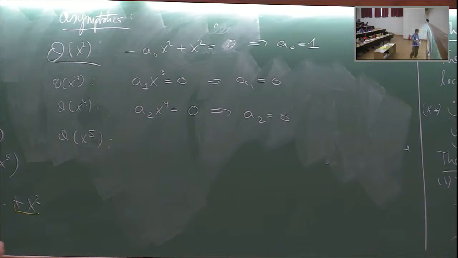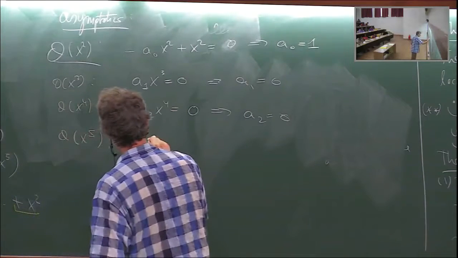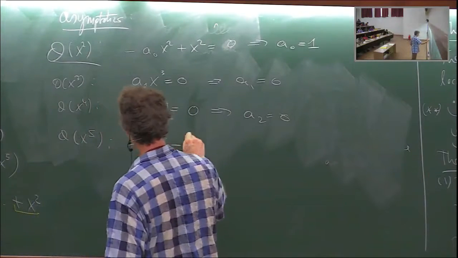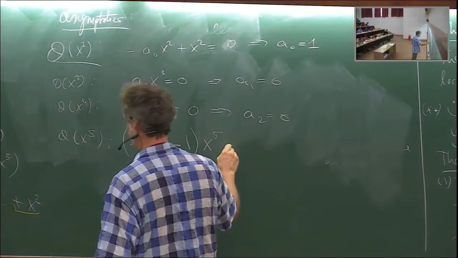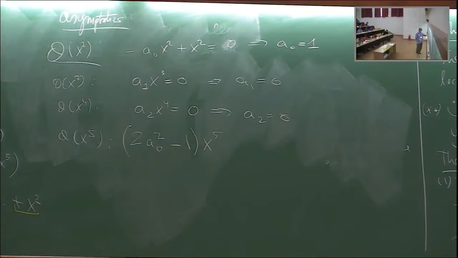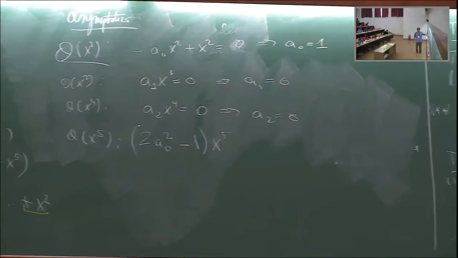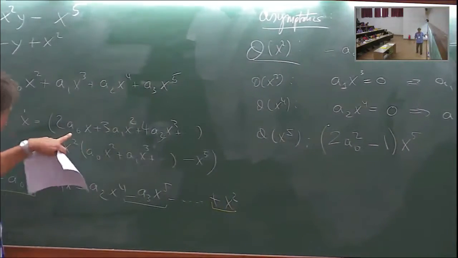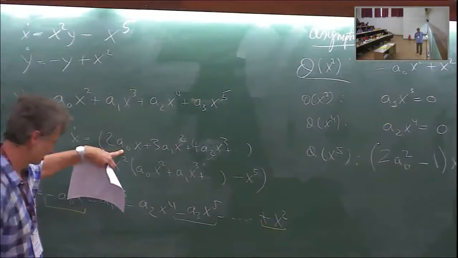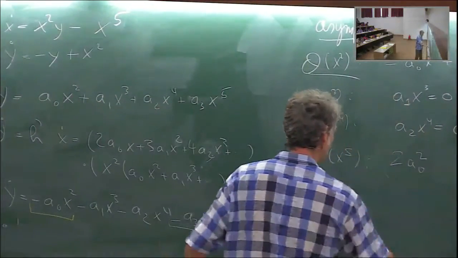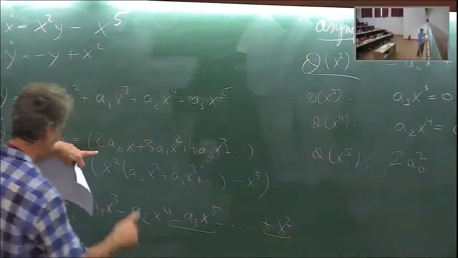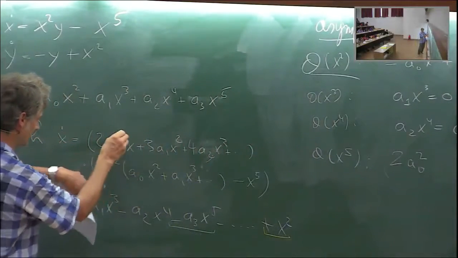So we have 2 a naught squared minus 1 x to the 5. Correct? No, that minus 5 doesn't, because that would multiply this one, right? So it's just the 2a naught squared x to the 5. It's just this one.